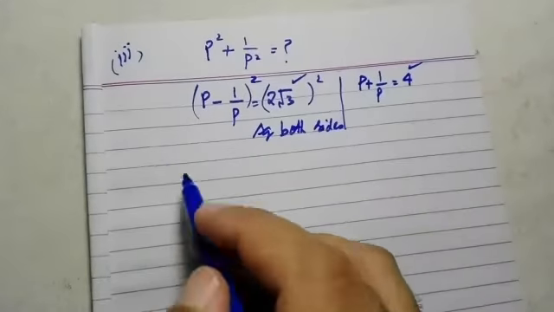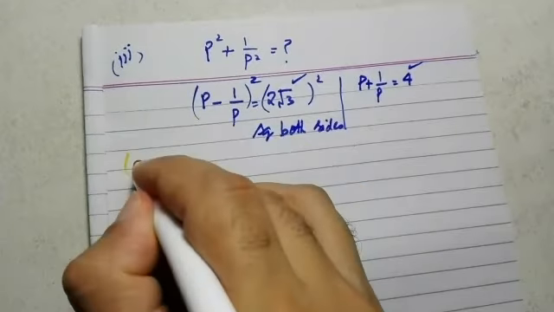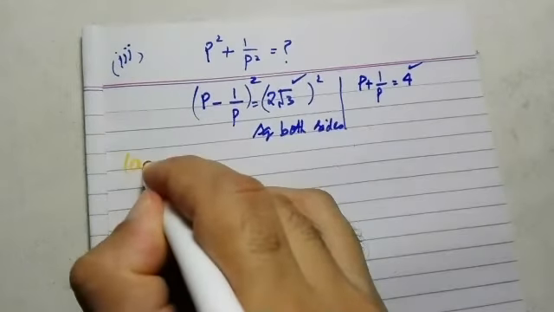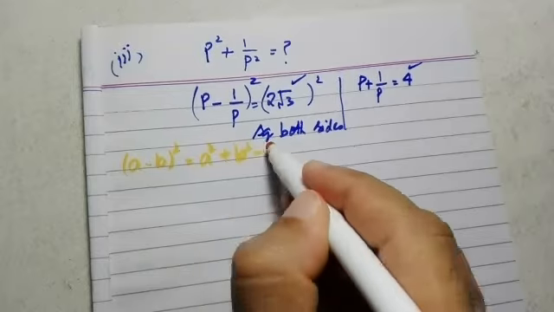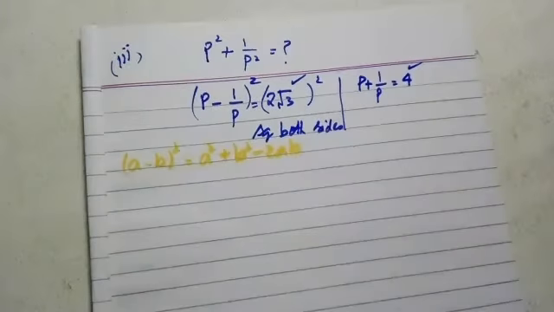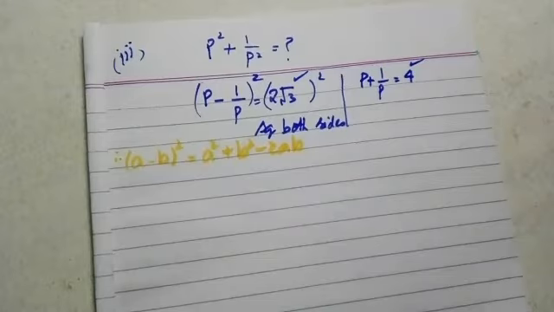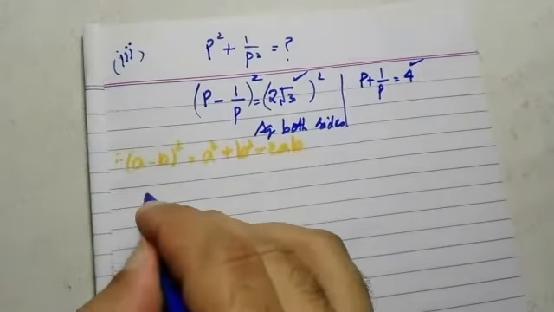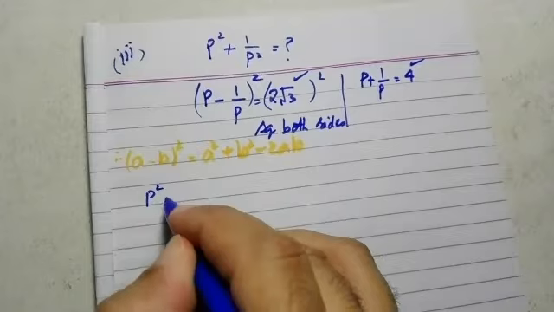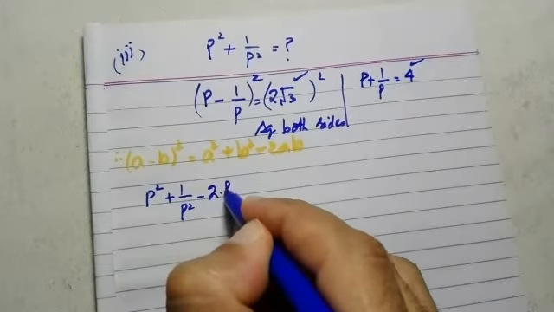If you know the formula, which is a requirement, a minus b whole square is equal to a square plus b square minus 2ab. This is a formula. So if you use this formula, on the left hand side you will write p square plus 1 over p square minus 2p dot 1 over p.